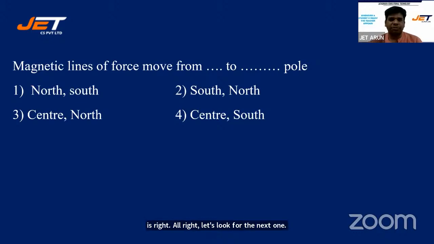Magnetic lines of force move from dash pole to the dash pole: north to south, south to north, center to south. We are talking about magnetic field lines moving from dash pole to dash pole, in the context of a bar magnet, external to the bar magnet, outside the bar magnet.